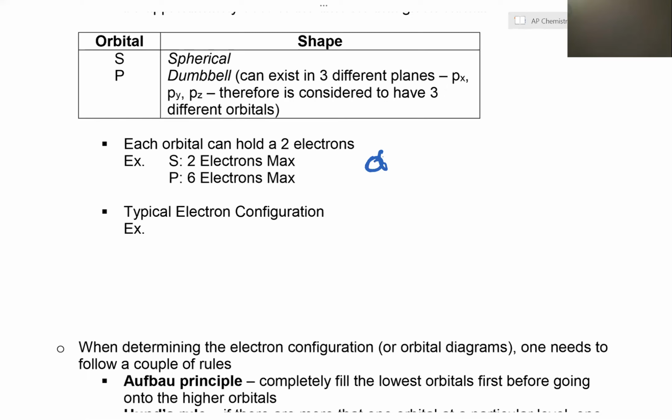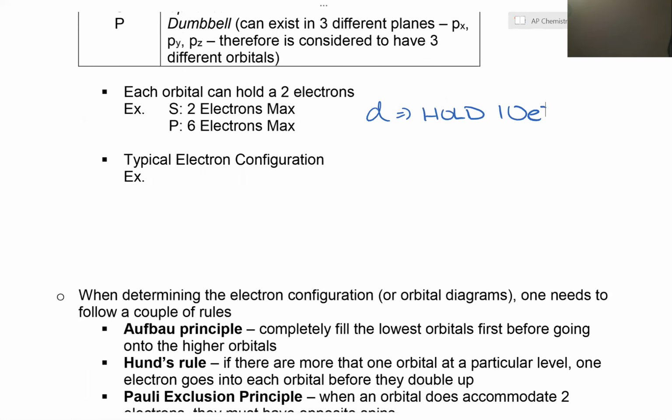There we go. The D can hold 10. So the typical electron configuration would be this. You would have something like 2p3. So 2 would be the shell.